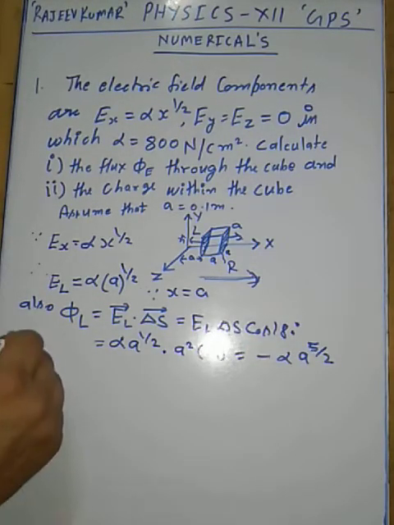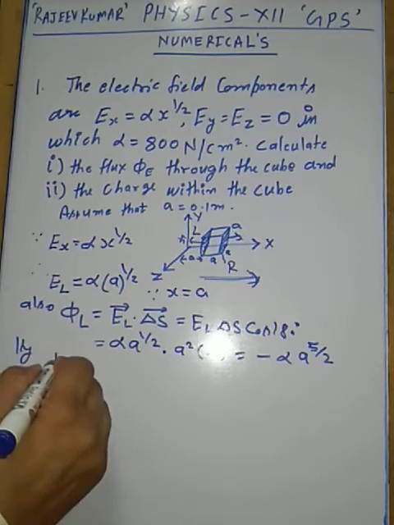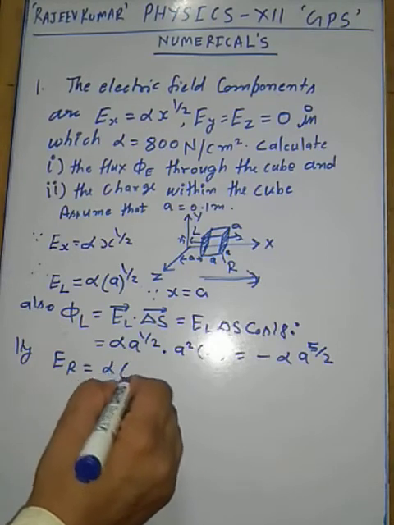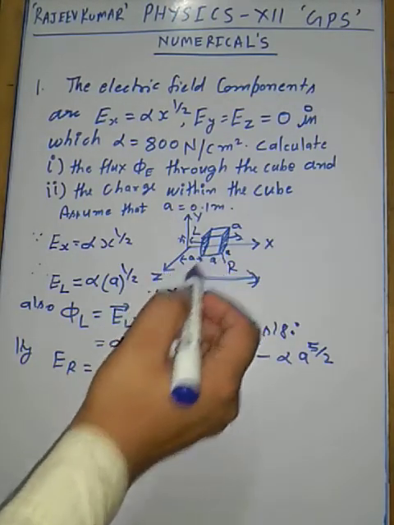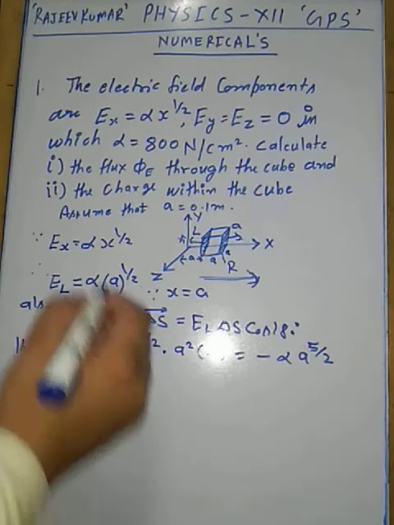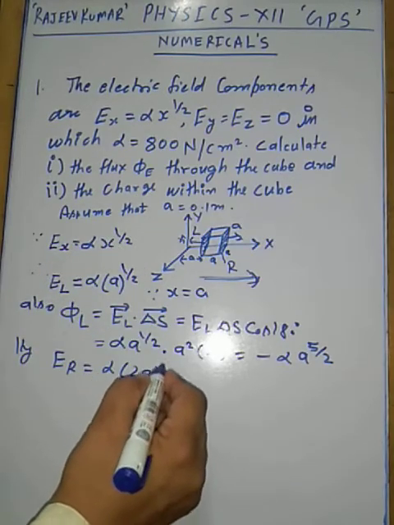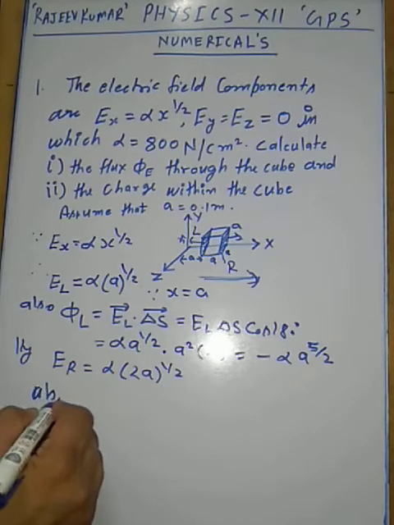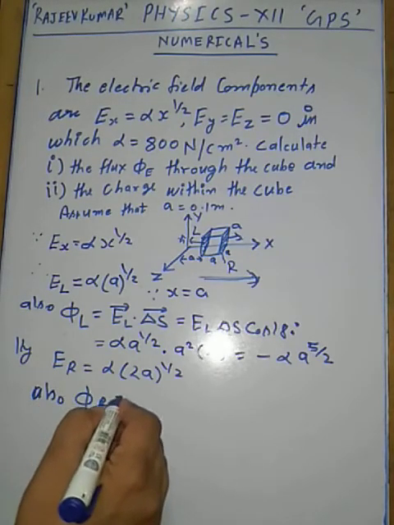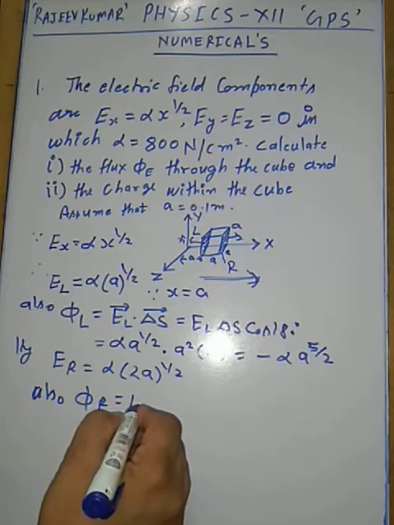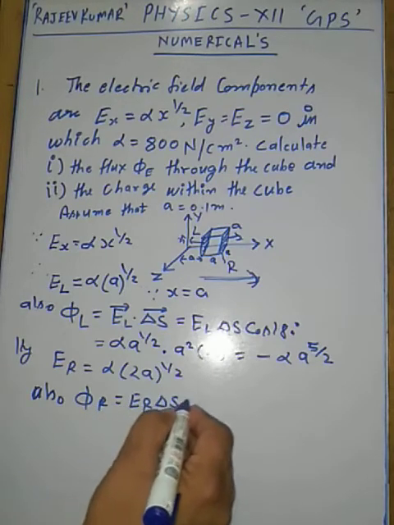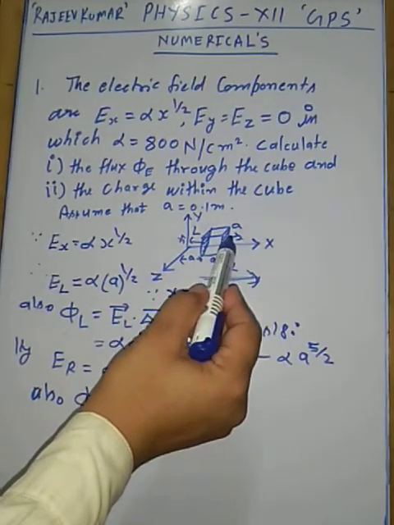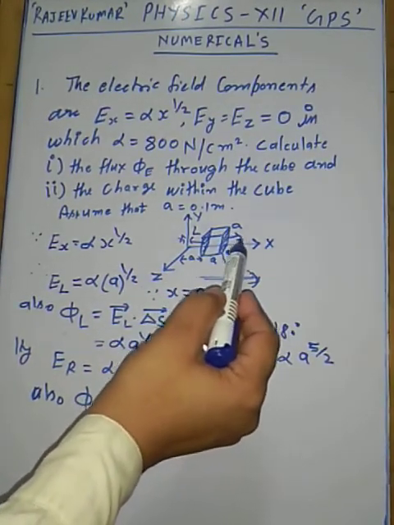Similarly we can write the electric field due to the right face, which is equal to alpha, and the right face is at a distance 2a from the origin, so in place of x we can put the value 2a raised to the power 1 by 2. Similarly we can calculate the flux due to the right face, which is again equal to ER del S cos 0 degrees, because this time the direction of the normal on the area and the electric field is the same.